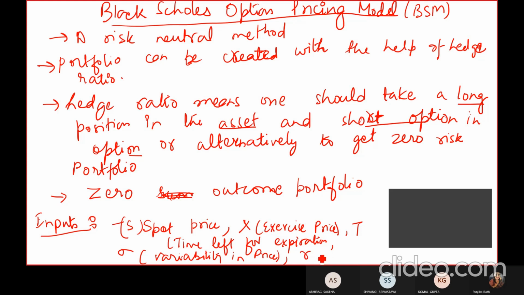Risk-free rate, R is the risk-free rate of return. These 5 inputs are required basically for calculation of the call or the put option premium.